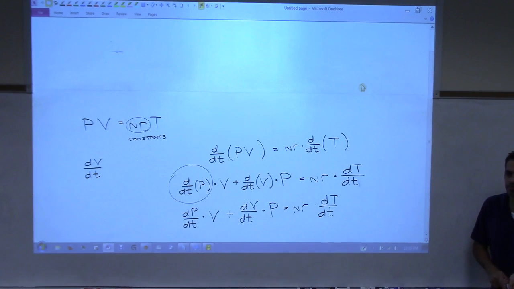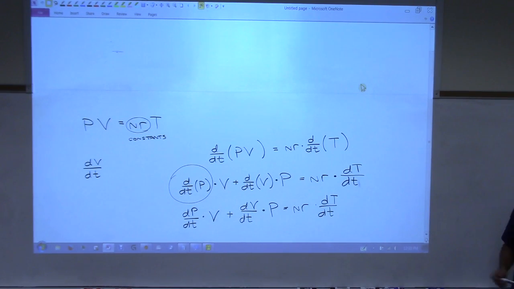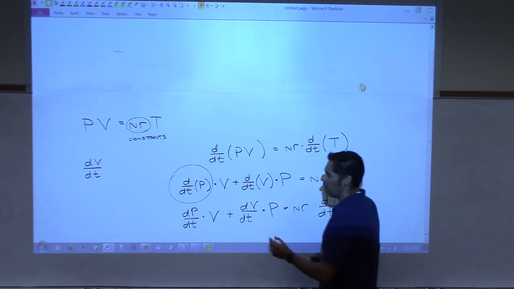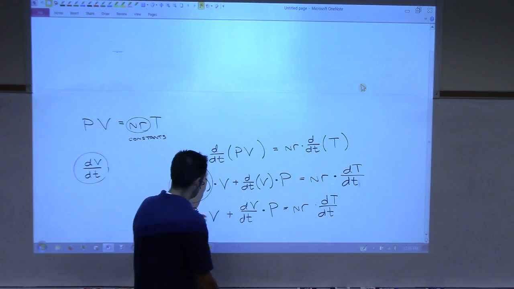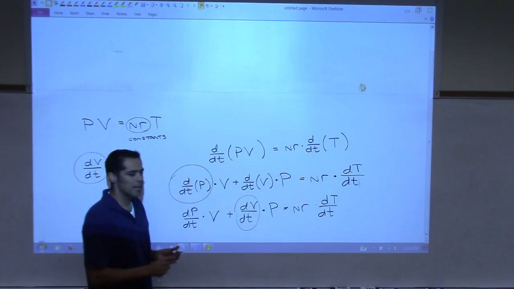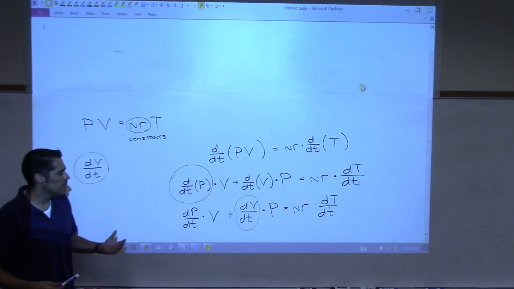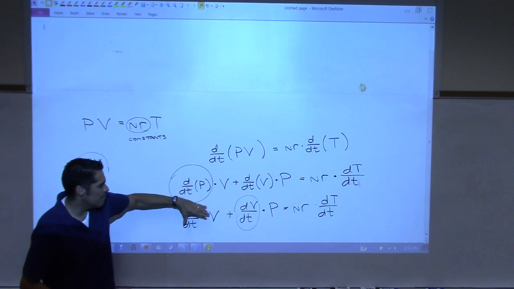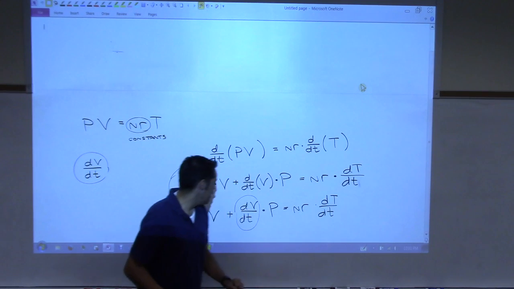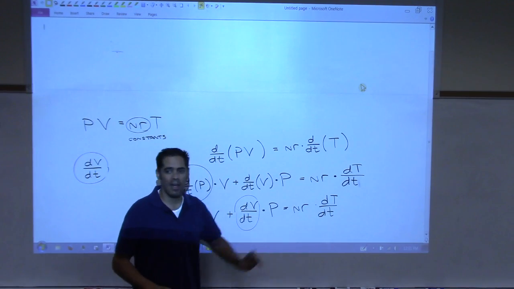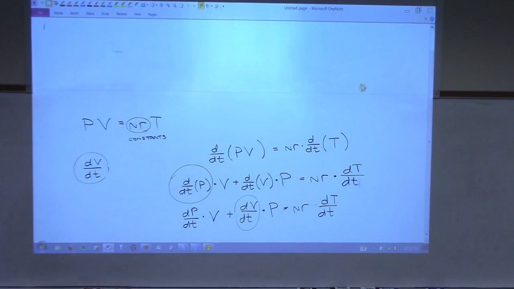Yeah? And then what are we trying to look for here? dV/dt. So there it is. It appeared, right? I'm not going to continue this, but what I would do is take this thing right here, move it to the other side, and then divide out this P on both sides, and I would have a formula for dV/dt.